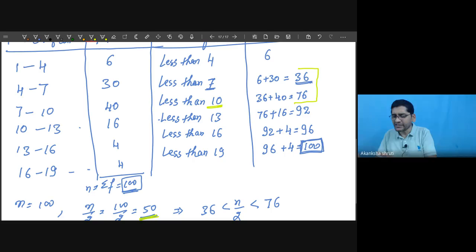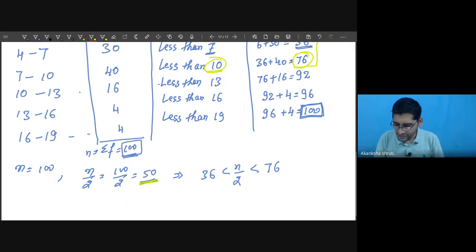That is 10. 39th also 10, 40th also 10, 50th also 10, 60th also 10, 70th also 10, 75th also 10, 76th is also 10. But the 77th data will change. So all the data after 36 and up to 76 have the value 10. We are observing this from the cumulative table.